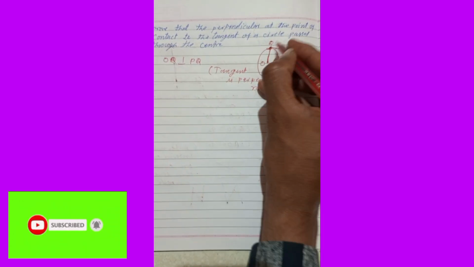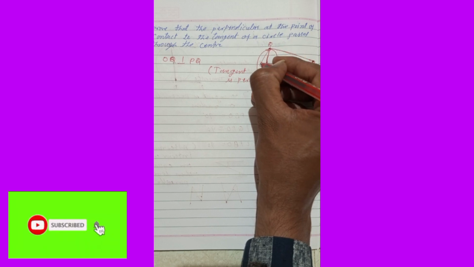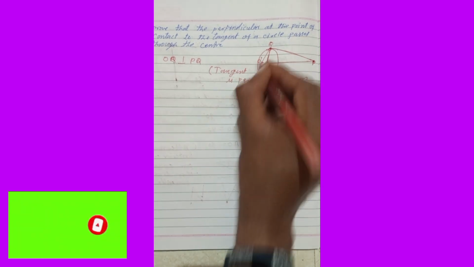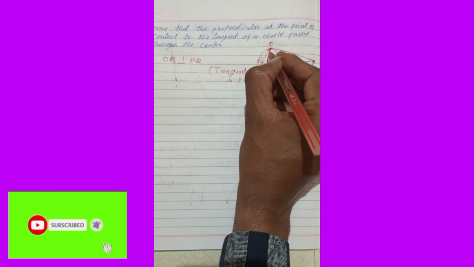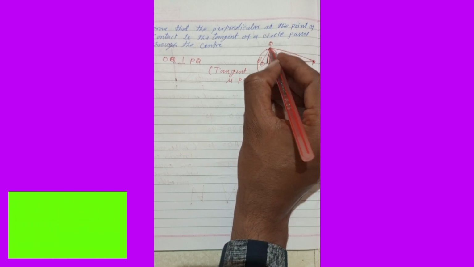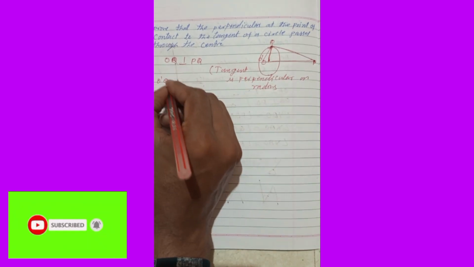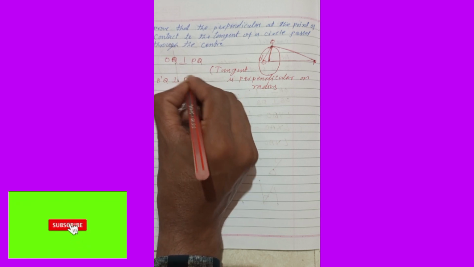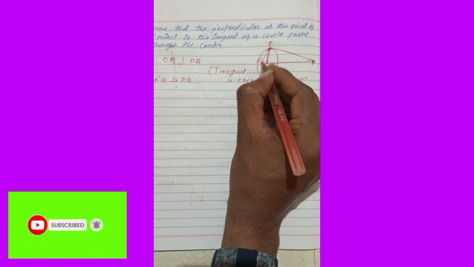Another approach, by contradiction: suppose we draw another line here, called O dash. Now in the triangle, this is the smallest length. If O dash Q were perpendicular to PQ, then we can clearly see it is not equal.